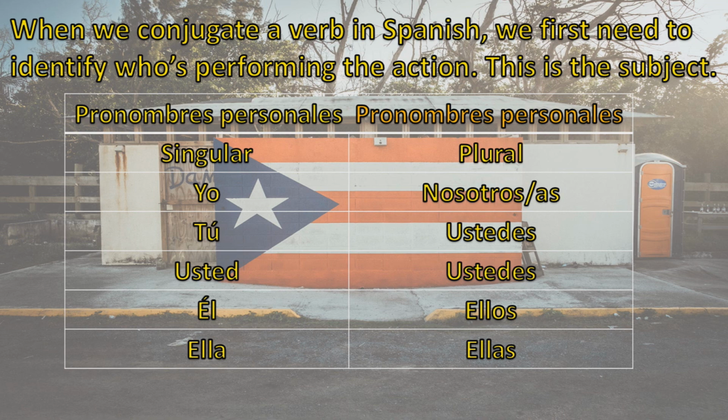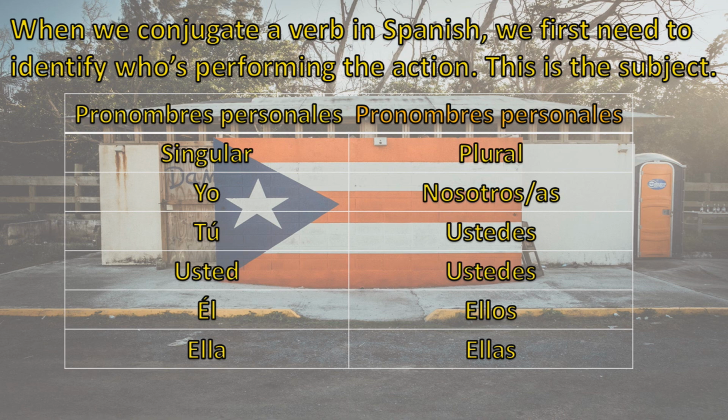But also you can replace those names by personal pronouns. In previous lessons, we have already learned the personal pronouns, but anyway, let's begin this class again with the personal pronouns.